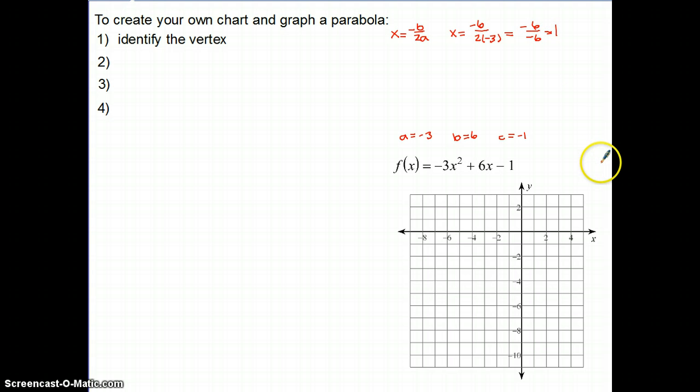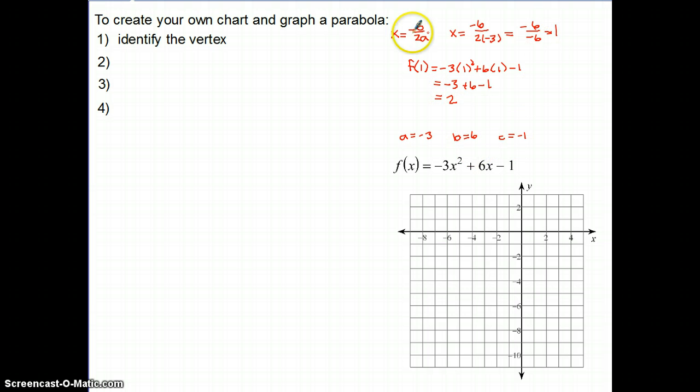This is just the x value. I need the y value as well to find the whole vertex. So I plug my x value in. f of 1 equals -3 times 1 squared plus 6 times 1 minus 1, which is -3 times 1, which is just -3, plus 6 minus 1, which simplifies to +2.